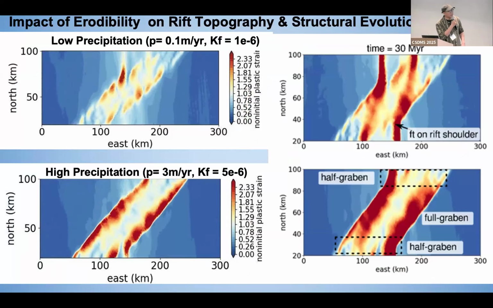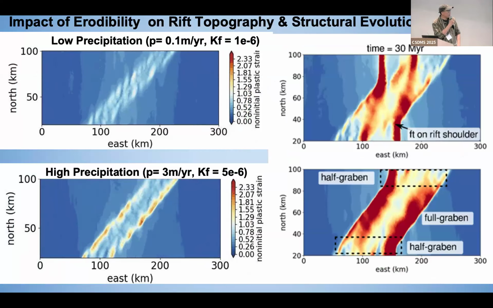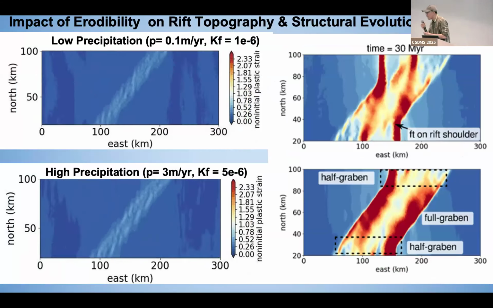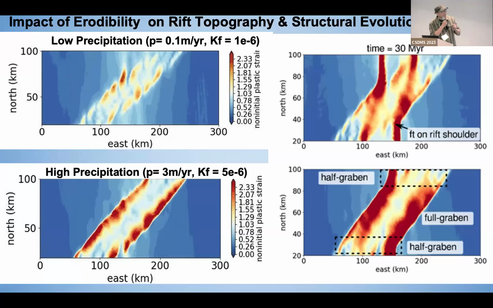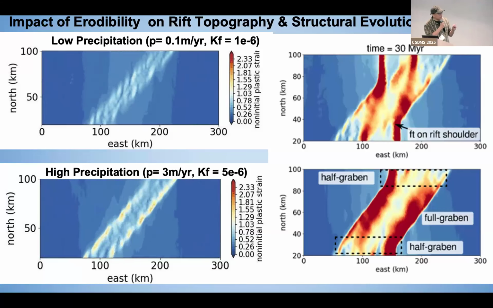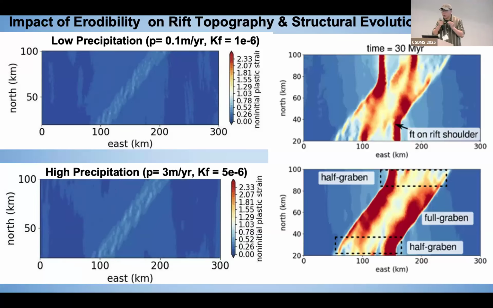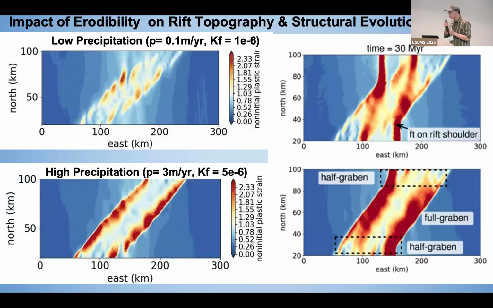Again, the upper one is the low precipitation scenario, and the lower one shows high precipitation. At the early stage, there are multiple small faults that are S-shaped. We call those en echelon structures. The difference appears in the high precipitation case, where all those en echelon structures connect rapidly, forming two major faults.